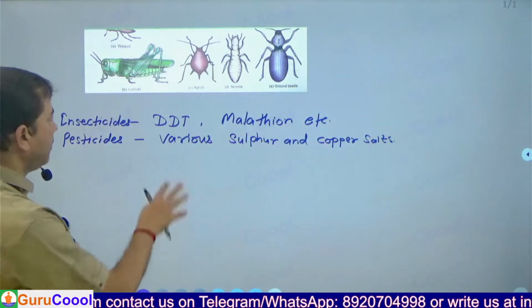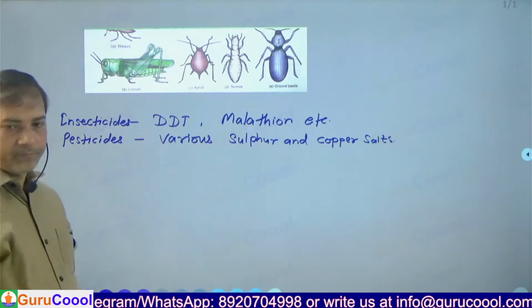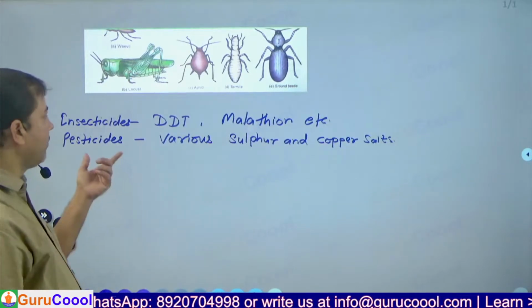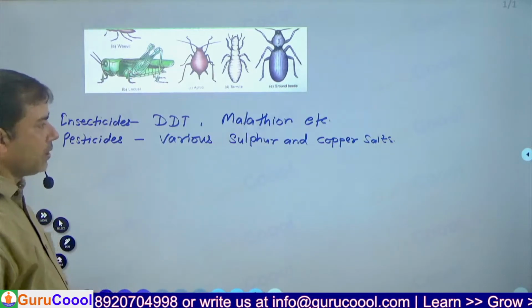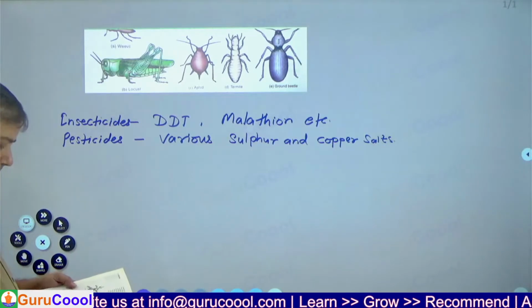I mean, these are the chemicals made of sulfur and copper, which are used to kill various pests like fungus, bacteria, and other microorganisms.